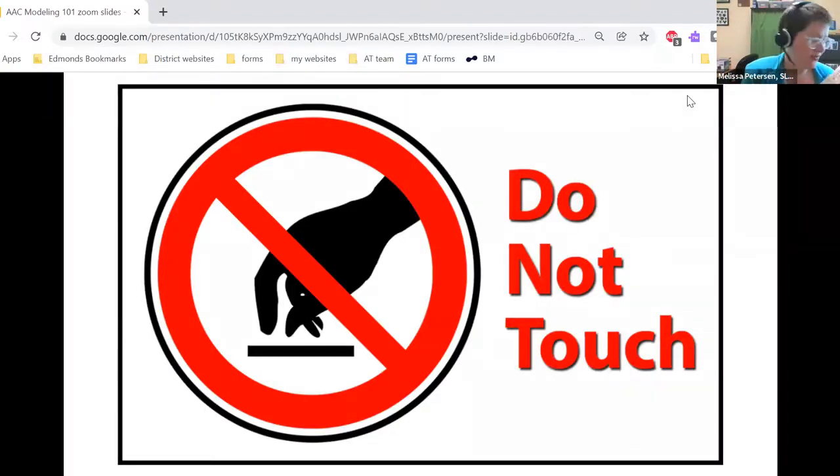Okay, maybe this is my favorite slide. This slide is to remind me to point out again that this is something that the adults are doing. It is not something that we are forcing our students to be doing. So we are doing the talking, which means that we are not using any hand over hand, touching their hands, having them point at anything.